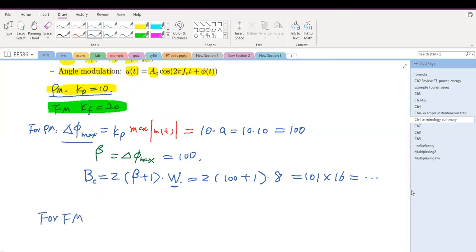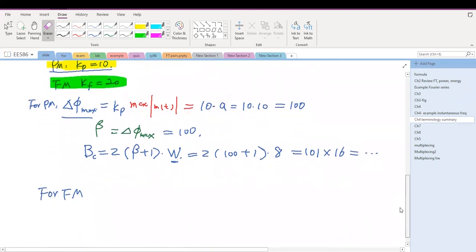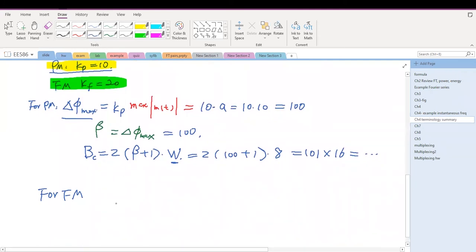Next, let's look at FM. The same message, but this time I want to use FM now. I do not want to use PM. This is the same carrier. Then what is the maximum frequency deviation?